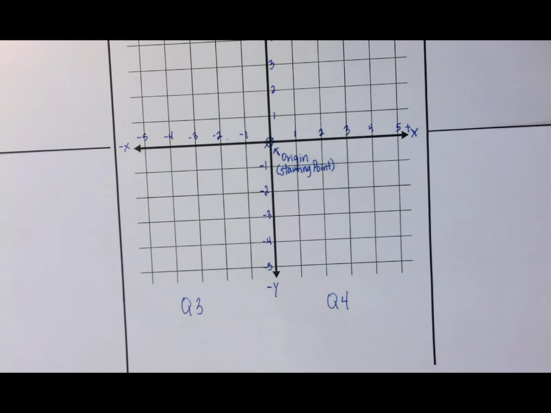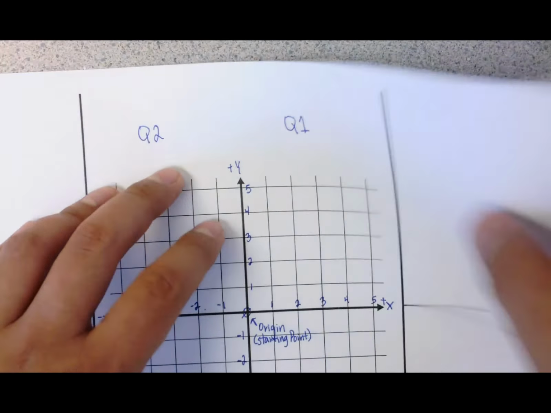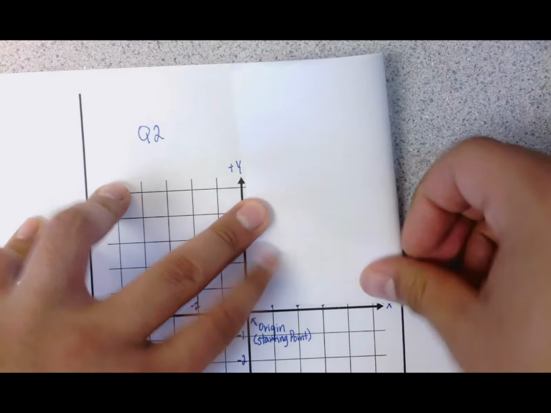How many of you guys are wondering why we cut the other flaps on the side? I'm glad you guys are wondering that. Because you're going to fold them in.